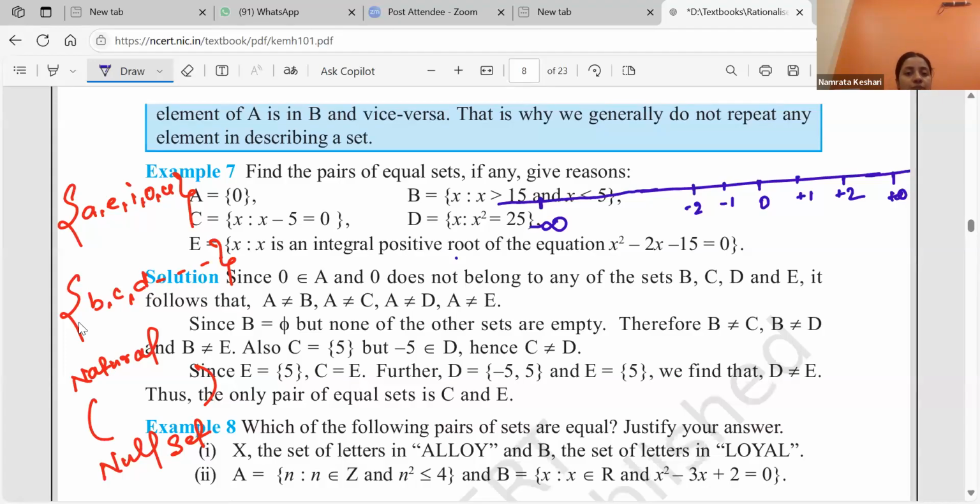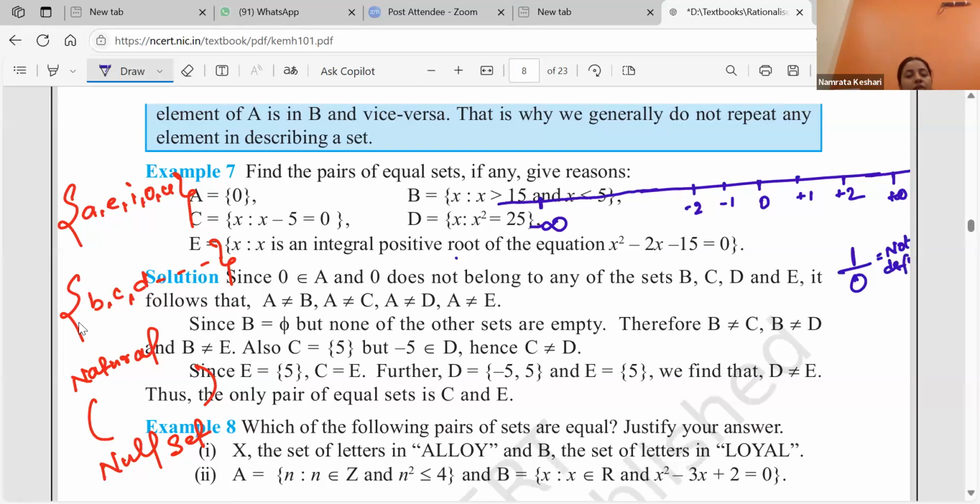On the number line it goes from minus infinity to plus infinity, but these two are not real numbers. And one more thing, in class 10 you must have learned that 1 by 0 is not defined, right?